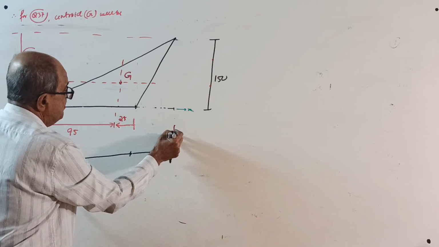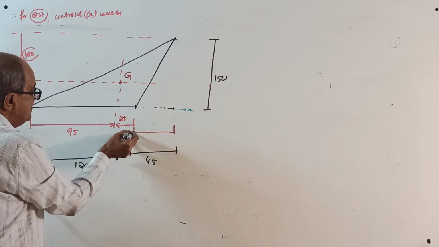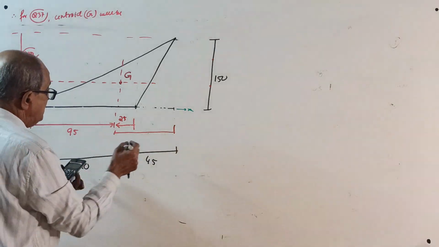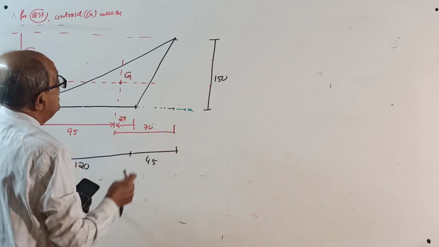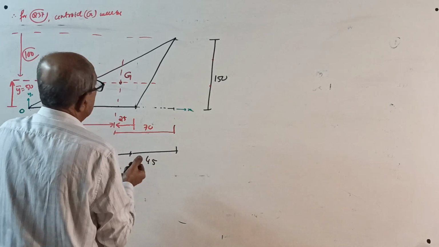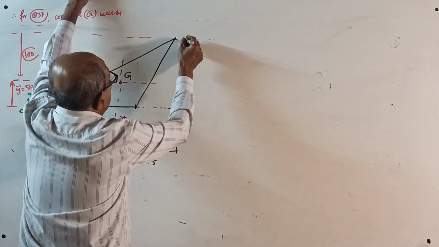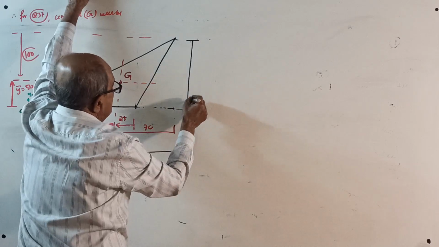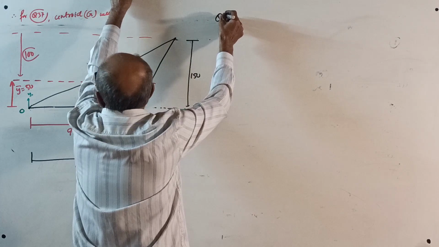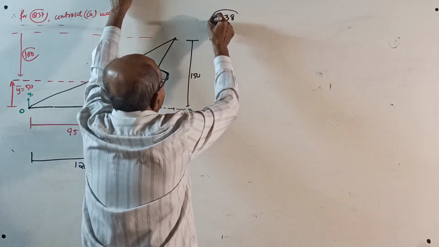Or if somebody wants from here, it is 25 plus another 45, which is 70. This is centroid G for question number 1. Space problem is there. I will remove 150 and put it here. 150. Okay. Now go to question number 38.